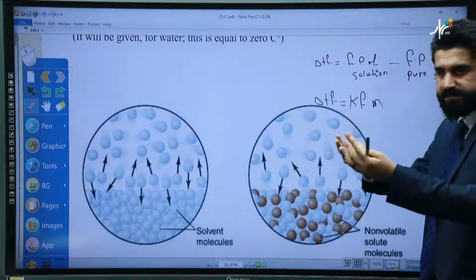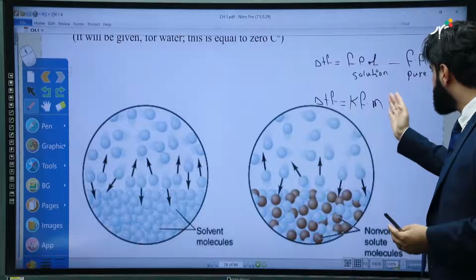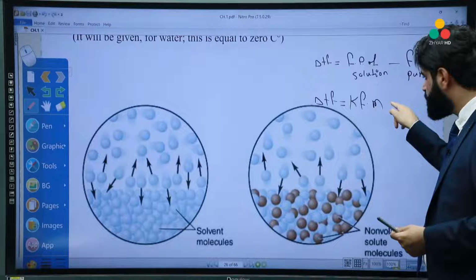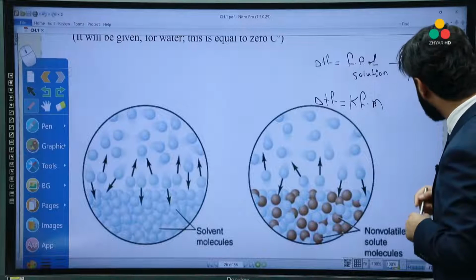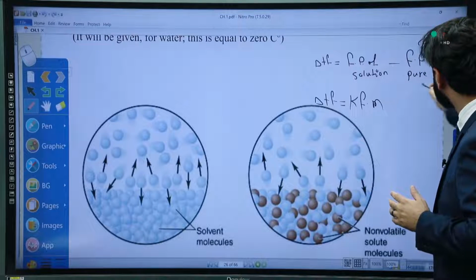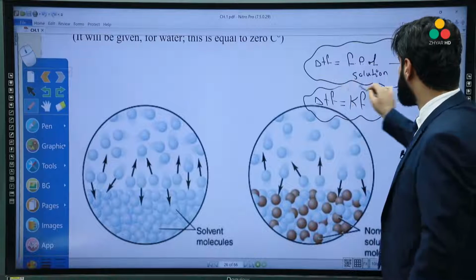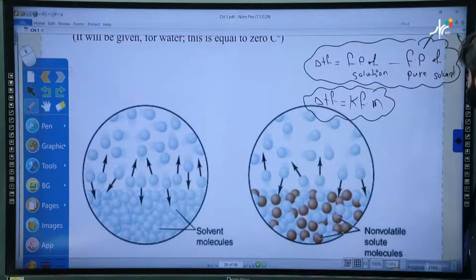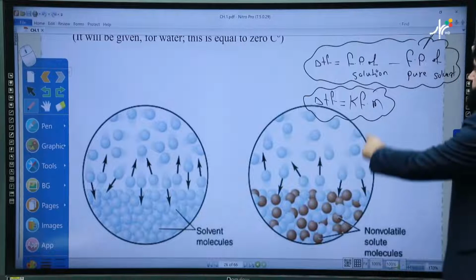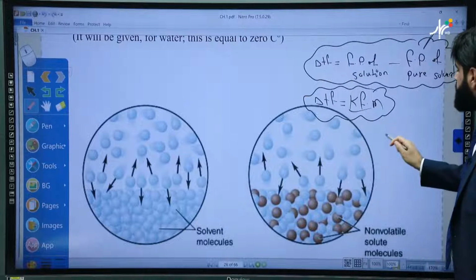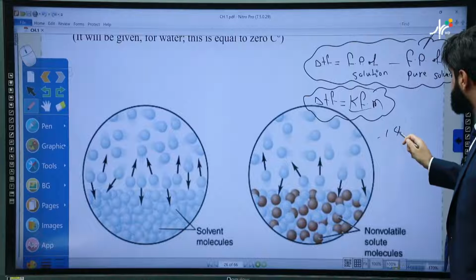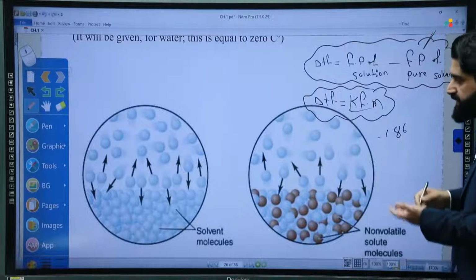In the next part, we will deal with the rest of this equation also. Well, please memorize the following equations. They are so important. The freezing point of pure solvent equals 0 if it's water. KF equals negative 1.86 if it's water. But if not, they must be given.